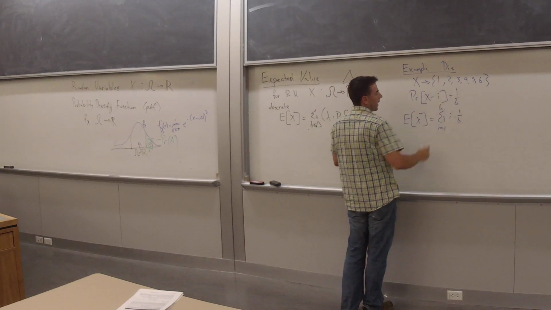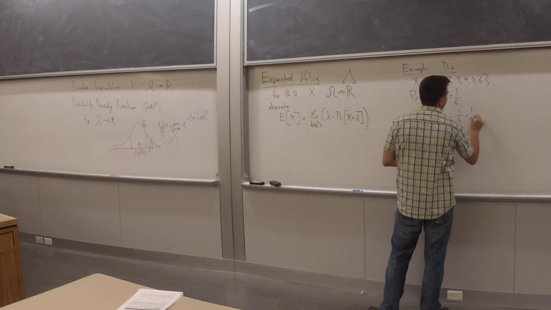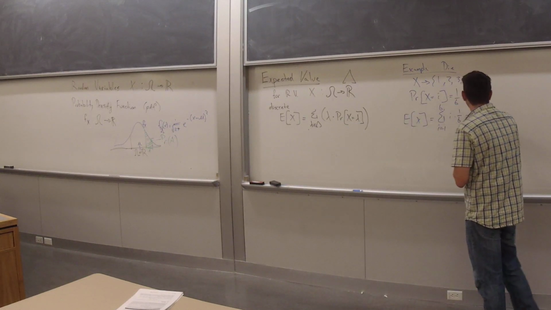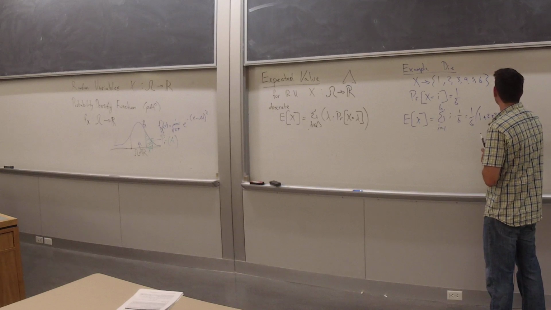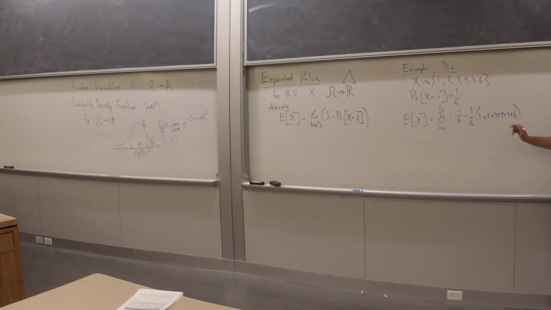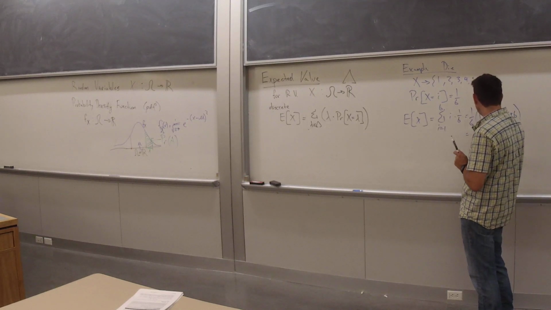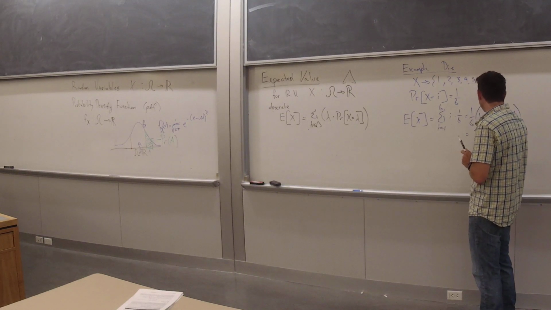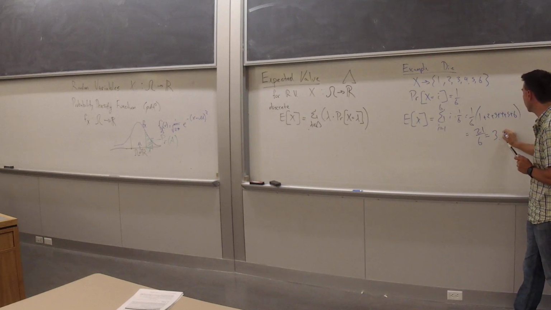So this is 1 plus 2 plus 3 plus 4 plus 5 plus 6. Okay, and this is going to equal 21 over 6, which is 3.5.